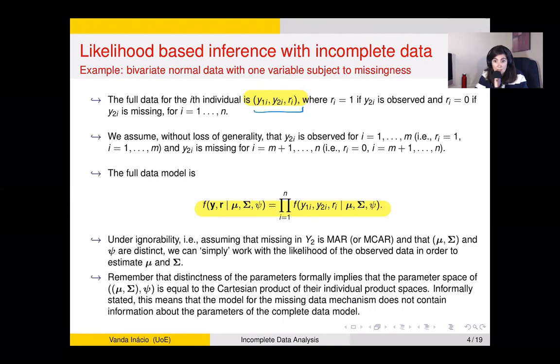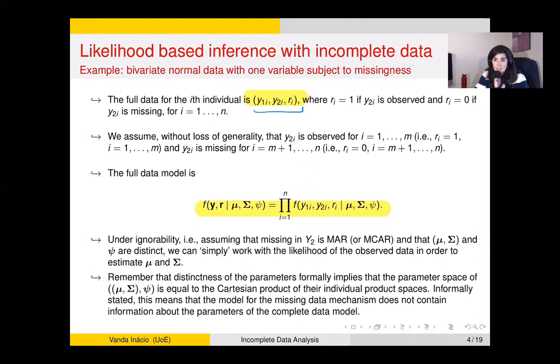And distinctness of the parameters implies that the joint parameter space of mu and sigma and of psi is equal to the Cartesian product of their individual parameter spaces.